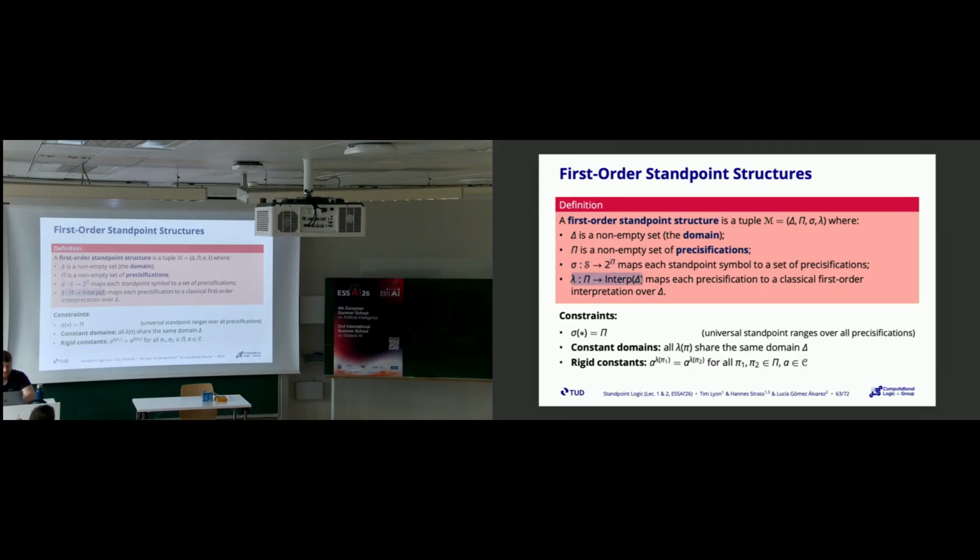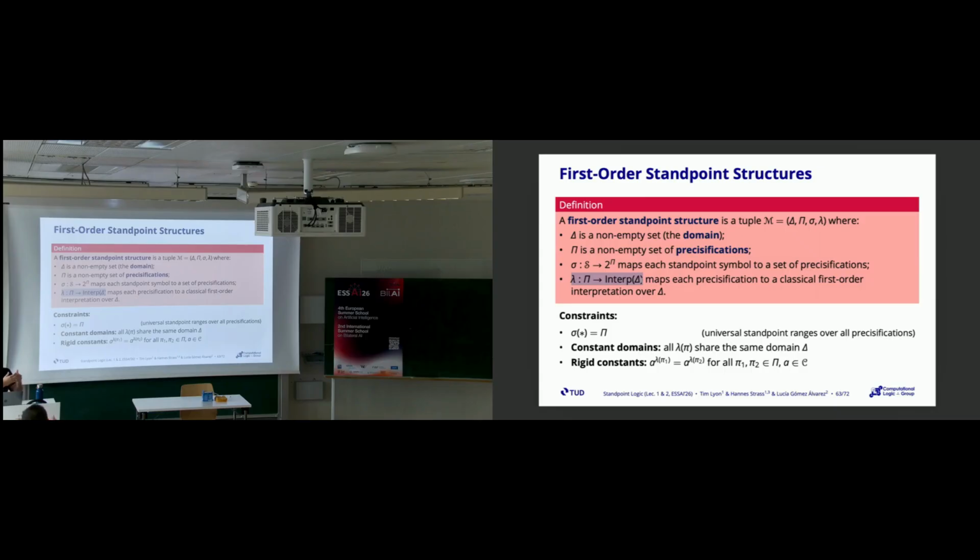And last, we have this lambda function. What the lambda function does is it maps each precisification to what's called a first order or classical interpretation over delta. So if anybody's taken a course in first order logic before, you'll note that you interpret predicates, k-ary relations, and constant symbols over a domain.